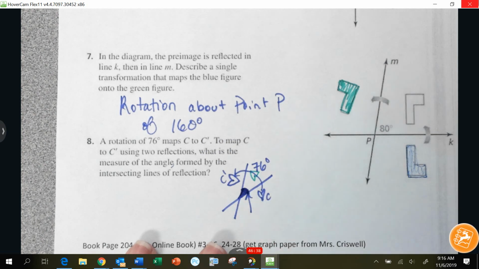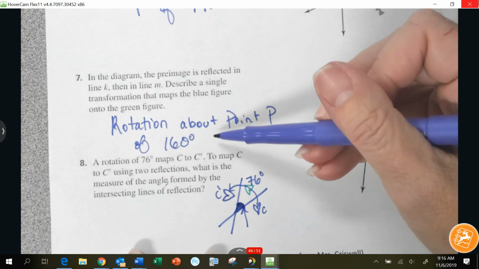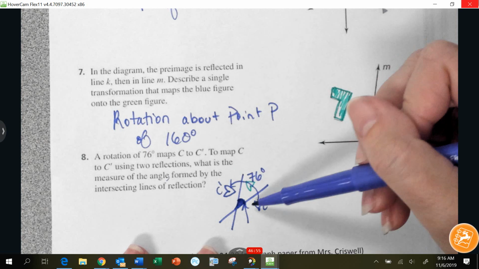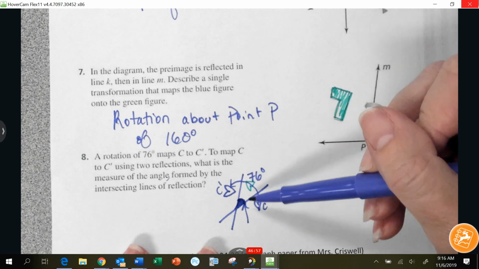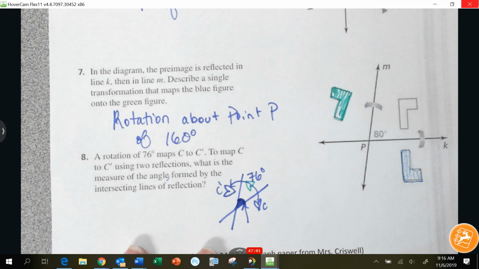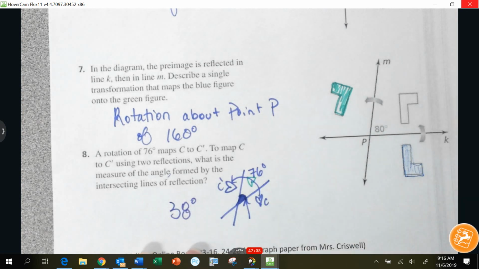What's this one going to be? So if you look at the last one, 80 was in between the two lines, and we did 2x to get 160. This one, 76, is the rotation, but between the two lines is what we're looking for. So we're going backwards. 38. Yes, 38. I didn't do the math. 38 degrees. Yeah, so we're going backwards. You're going to divide by 2.